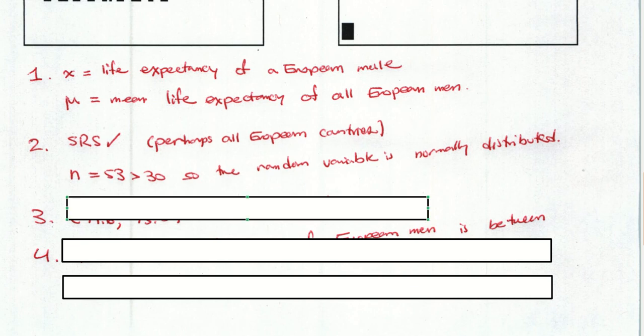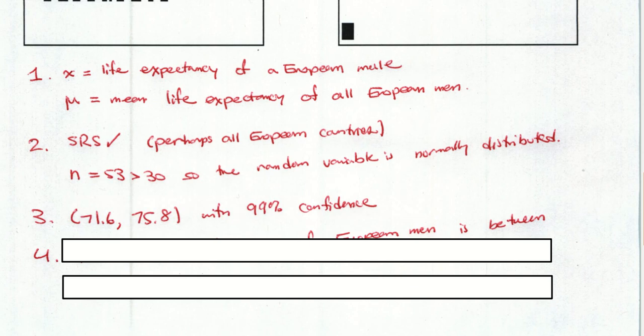Using our calculator, we can say in the statistical interpretation that the interval 71.6 to 75.8 contains the true population mean, the average life expectancy of men in Europe, with 99% confidence.